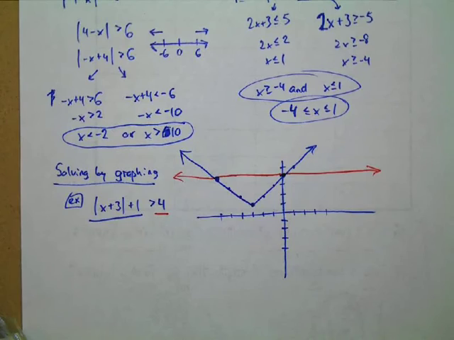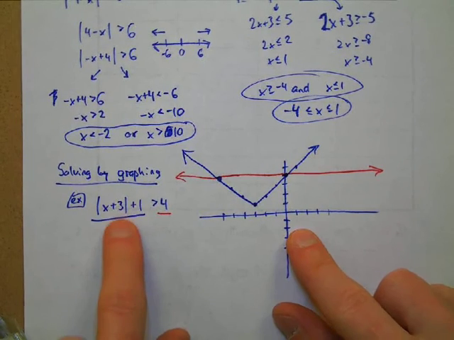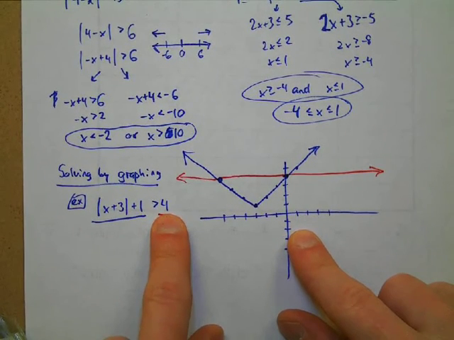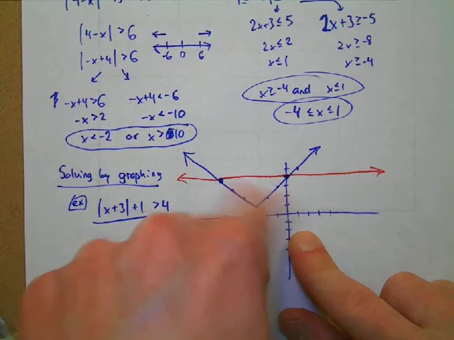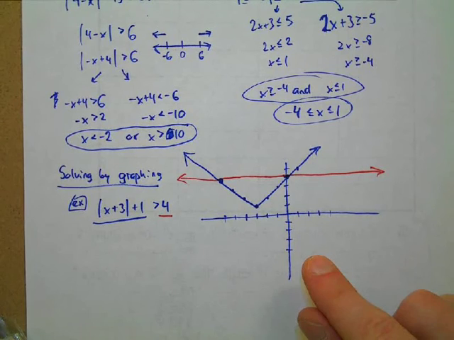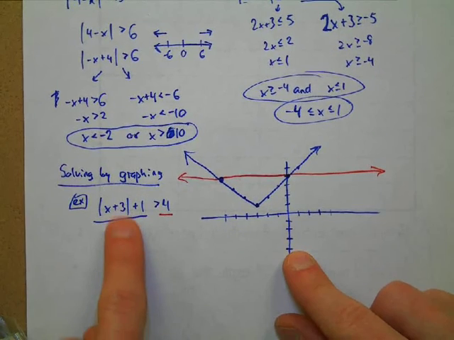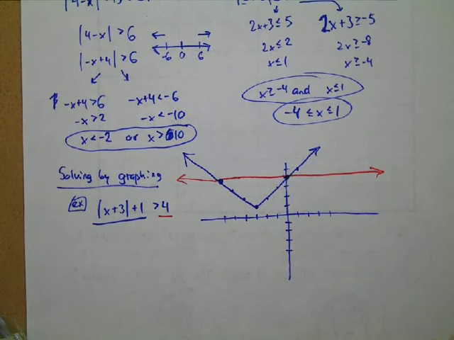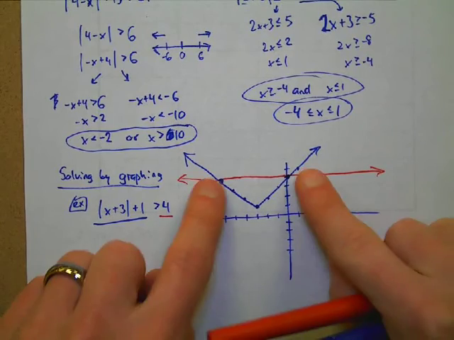But I'm not interested where they're equal. I want to know where the absolute value is greater than 4. So how can I see that visually? What am I looking for, Natalie? The part where the blue is above the red.